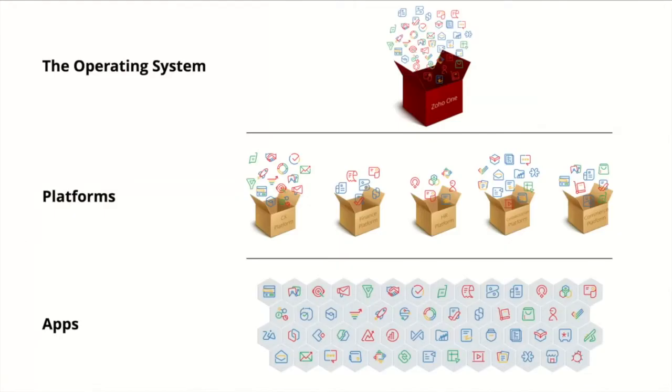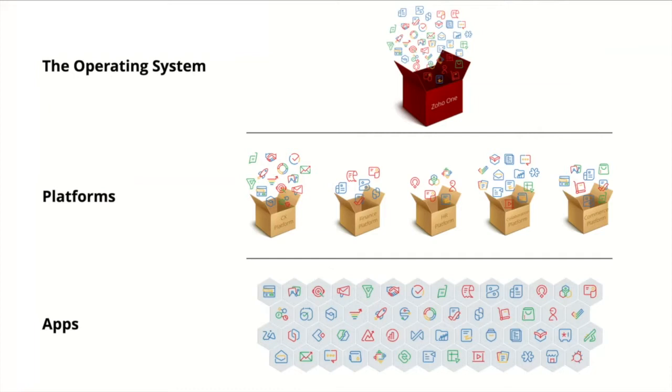So this is how we like to set out our products, our applications. You can see at the bottom we have all of the apps. Like I said, there's over 40 different applications to run your business. And then they are bundled up into different platforms. You can see we have a customer experience platform, finance, HR, collaboration, commerce.